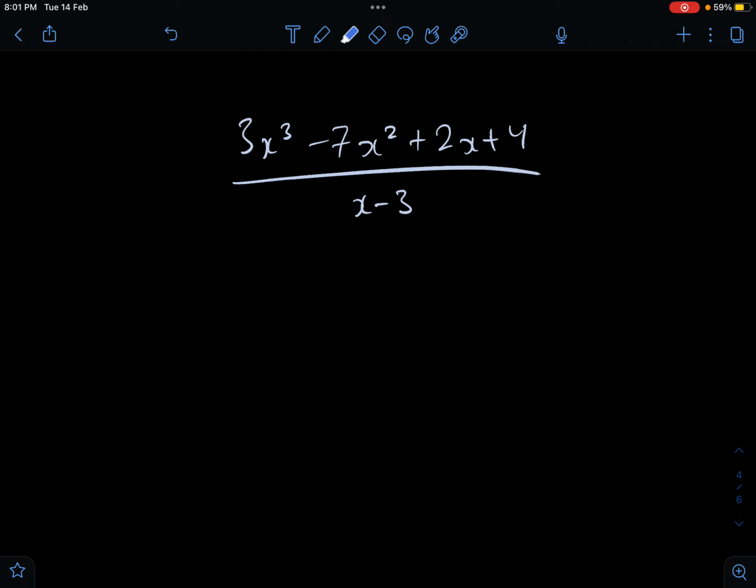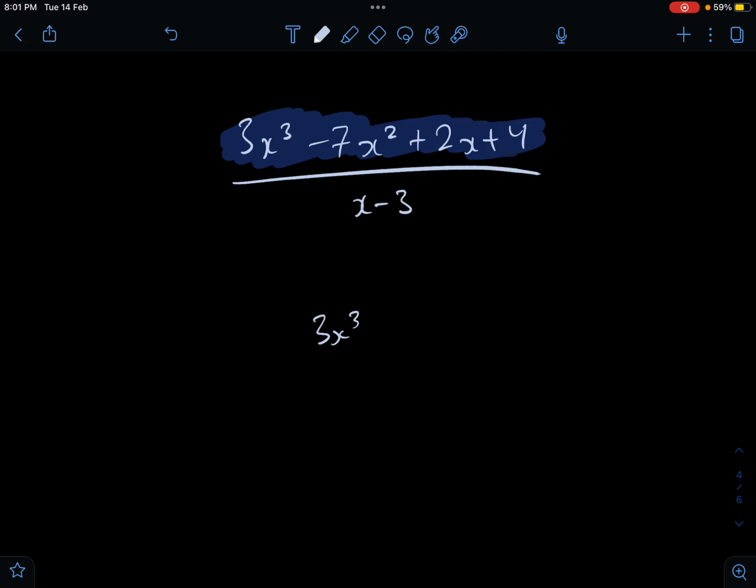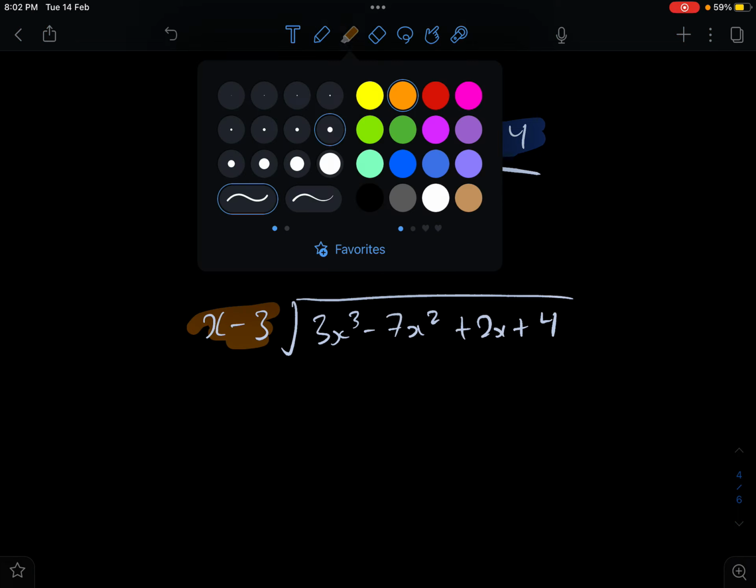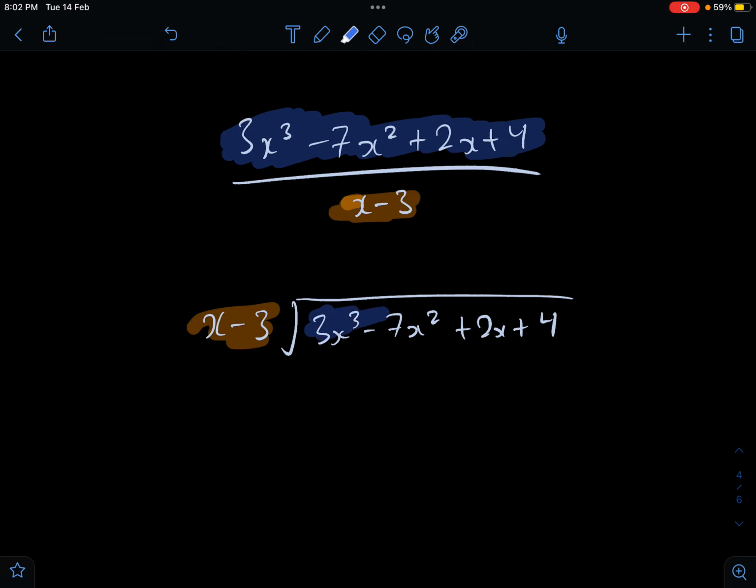So again, we're taking this numerator and putting it underneath, and then taking this denominator and putting it to our left. Alright?